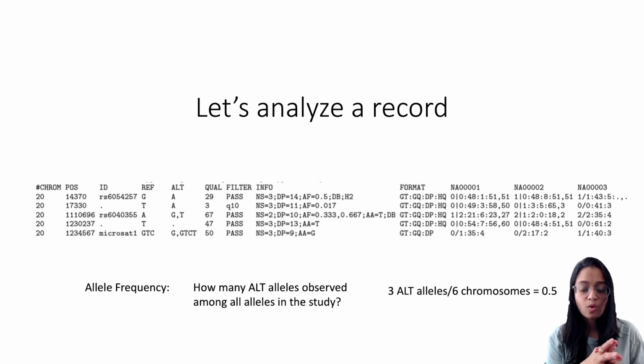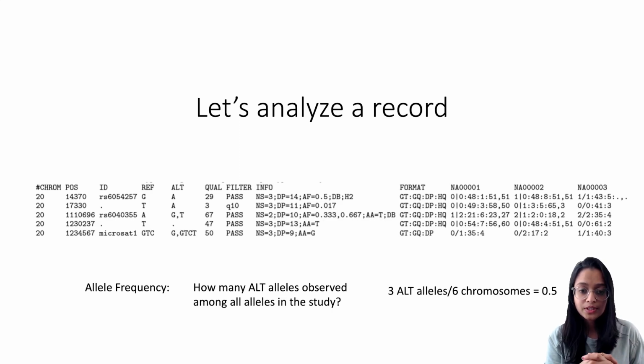The second sample also has a phased genotype, and it's a heterozygous alternative. We can see that the maternal allele has a base A at that position, and the paternal allele has a base G at that position. And this individual has a genotype score of 48, and it's supported by 8 reads with a haplotype quality of 51.